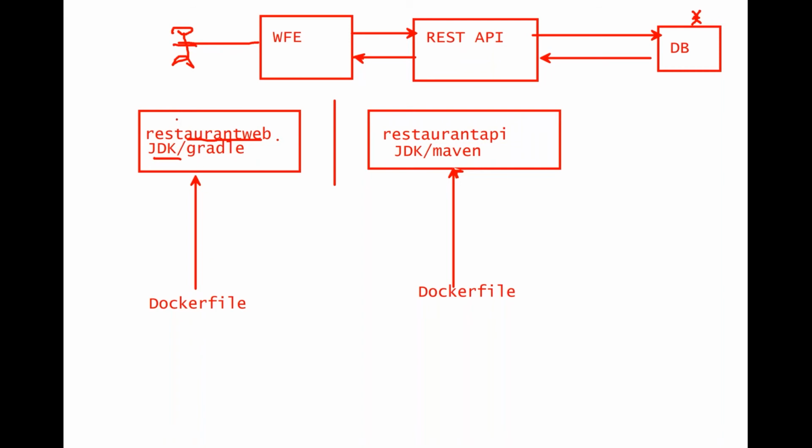So an image is nothing but just a blueprint. It's a template. It's a collection of all the dependencies and your binaries that you eventually want to deploy later on. So we will end up having a Docker image, and later on you can choose to run as many container instances based on that as you want. Each container is nothing but just a running process based on your image.